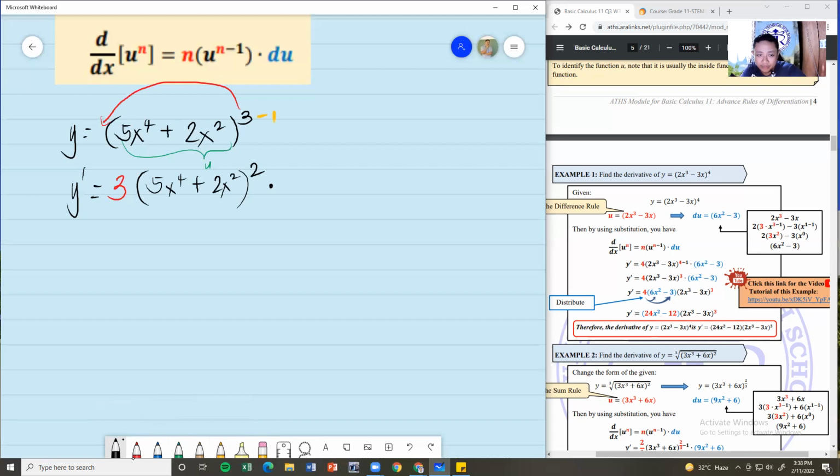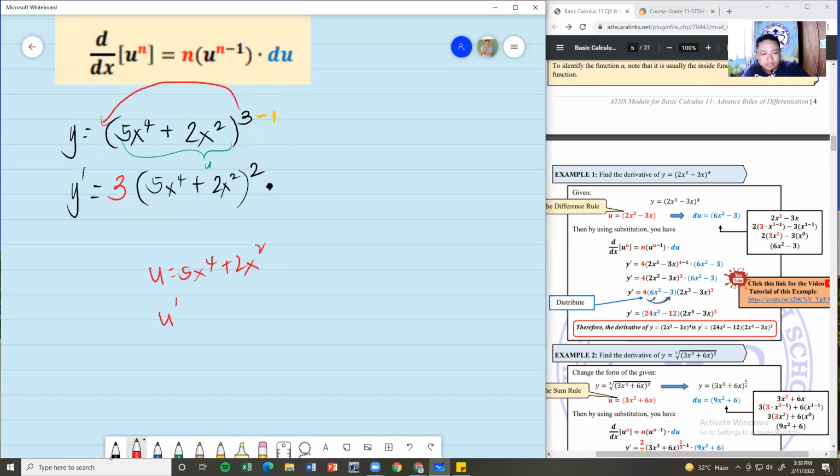And then the chain rule, we have to get the derivative of your u. In this case, that is 5x raised to 4 plus 2x squared. So the derivative of that is, type it in the chat box. What is the derivative of your u? Sige nga. Your u here is 5x raised to 4 plus 2x squared.